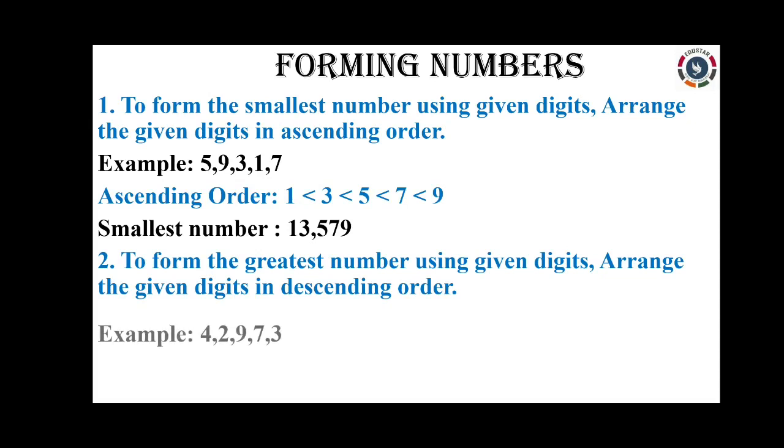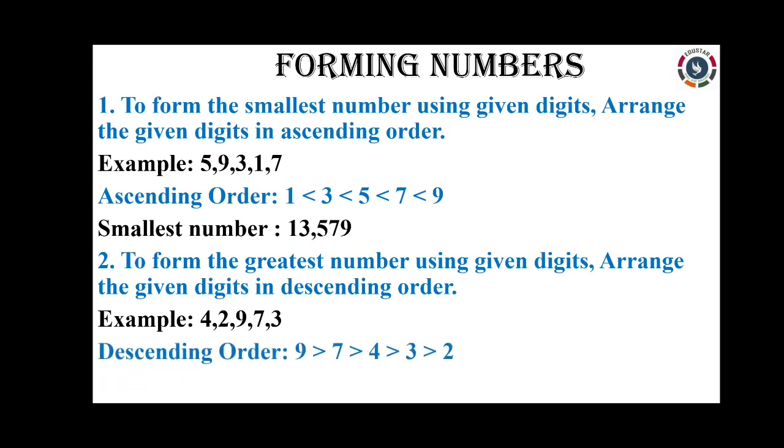Let us take the digits 4, 2, 9, 7, 3. Here also 5 digits are given. First arrange these digits in descending order. 9 greater than 7 greater than 4 greater than 3 greater than 2.